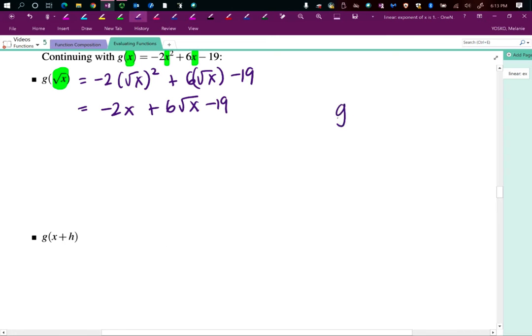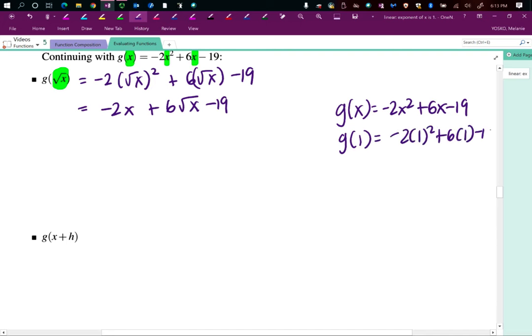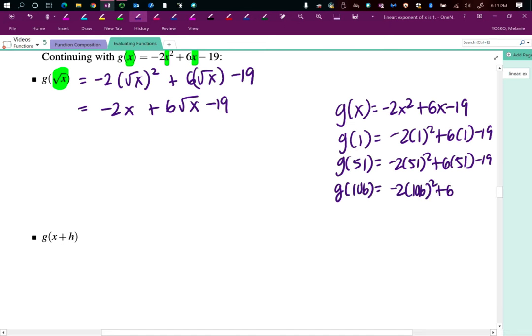So again, if this is hard for you, we know g of x is negative 2x squared plus 6x minus 19. So you can do g of 1. That's negative 2 times 1 squared plus 6 times 1 minus 19. G of 51, negative 2 times 51 squared plus 6 times 51 minus 19. G of 106 is negative 2 times 106 squared plus 6 times 106 minus 19.